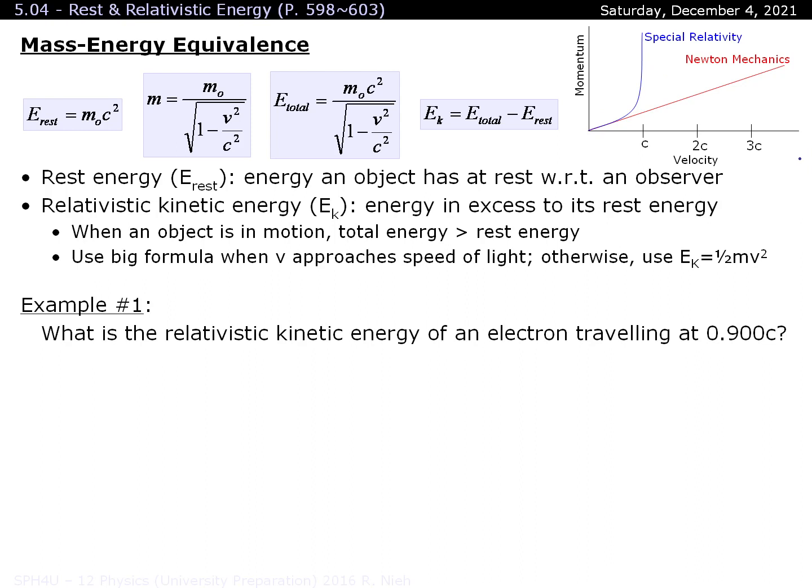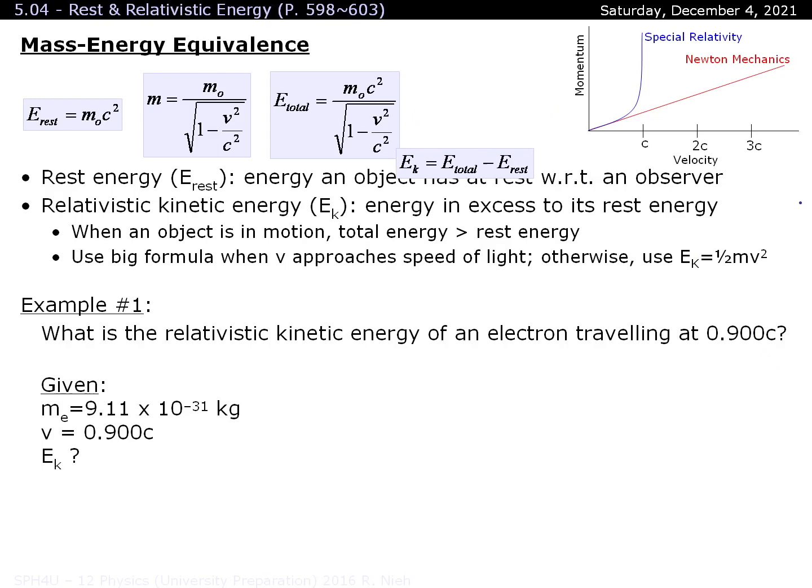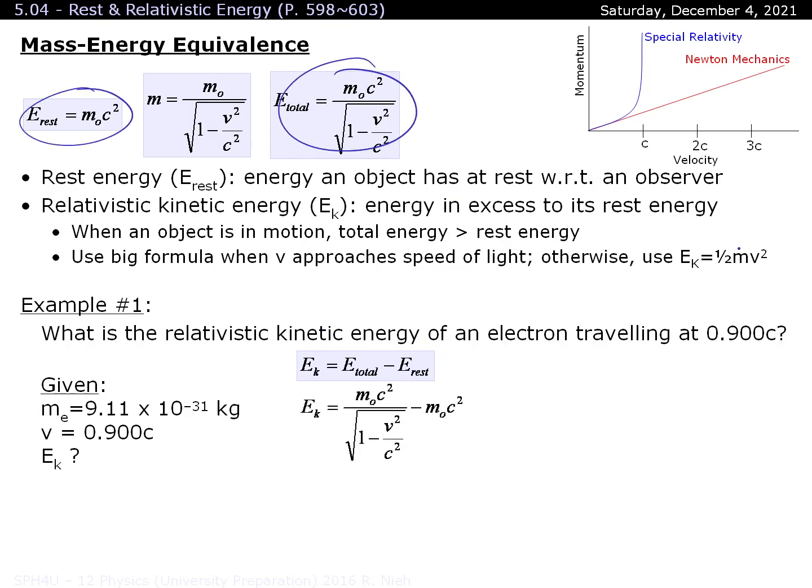What's the relativistic kinetic energy of an electron that's traveling at 9/10 the speed of light? First thing we need to do is take this formula here and bring it all the way down. We're going to replace E total with this formula here, and we're going to replace E rest with this formula over here.